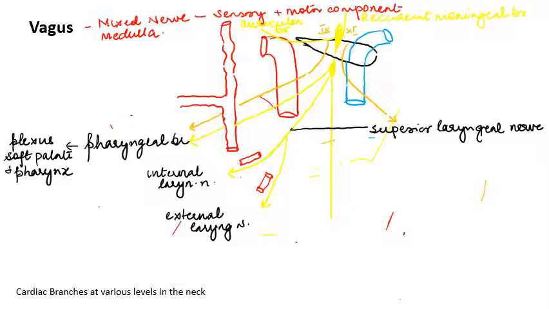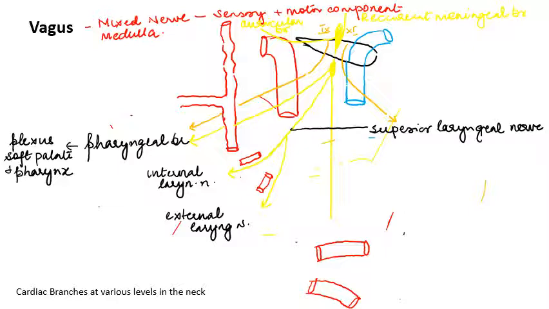Right. Thereafter, the vagus enters into the neck. It goes anterior to the subclavian artery on both the left side as well as the right side. And since we are drawing the left side, let's draw in the arch of aorta.